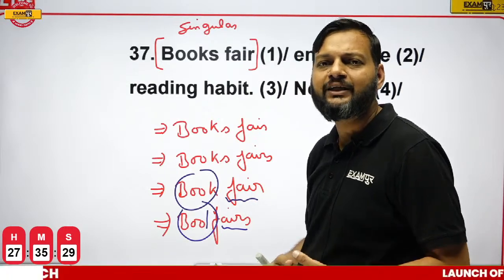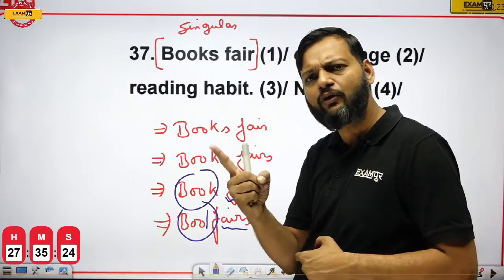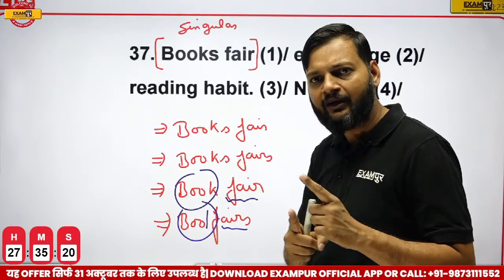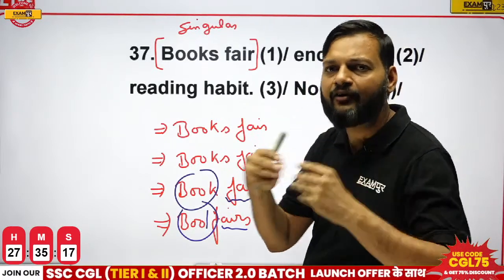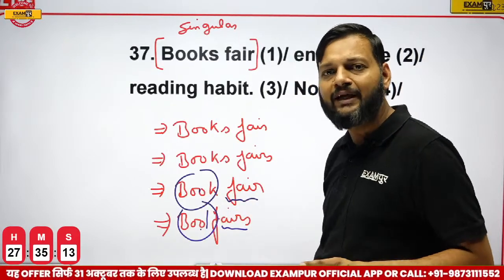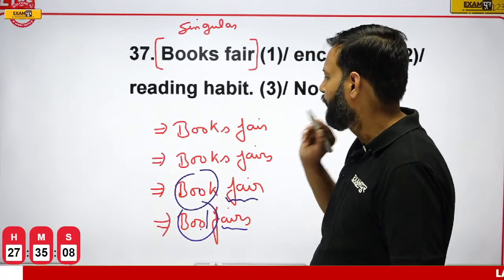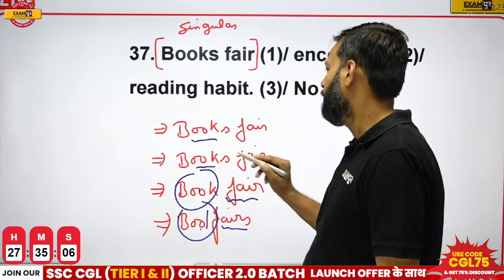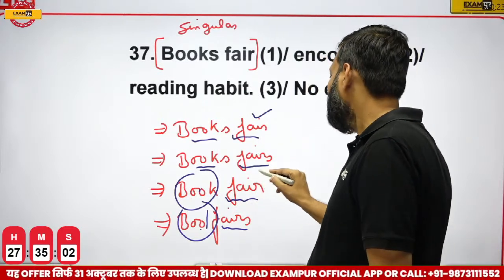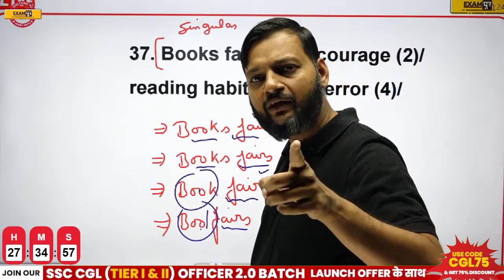So books has to be plural. But the word fair can be both singular and plural, because if we are talking about just one books fair, it is singular.